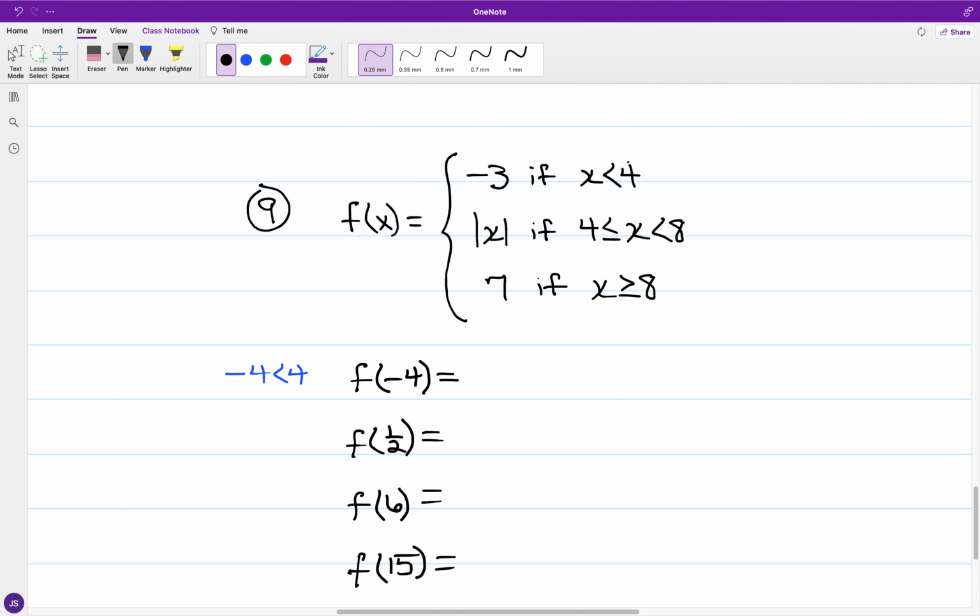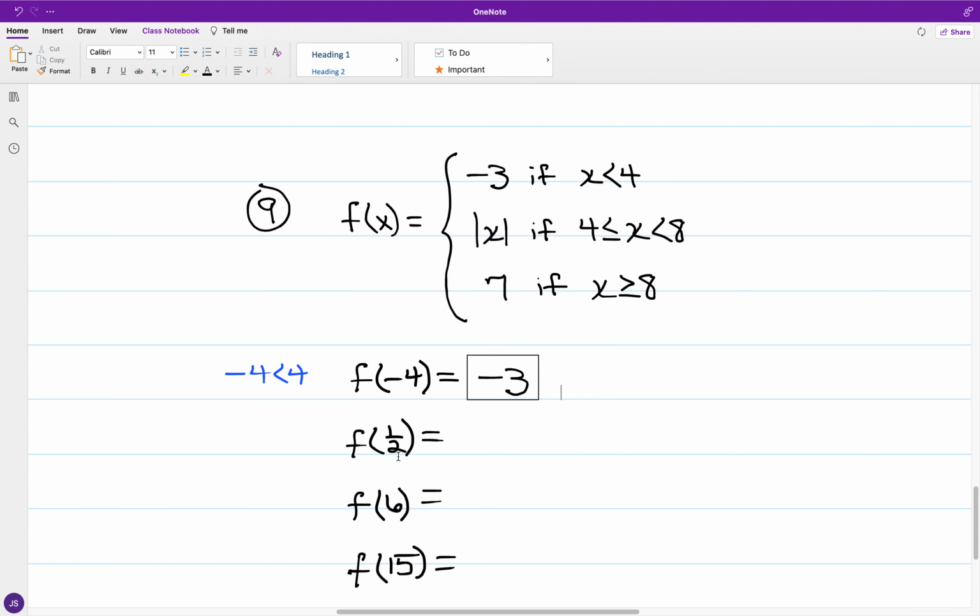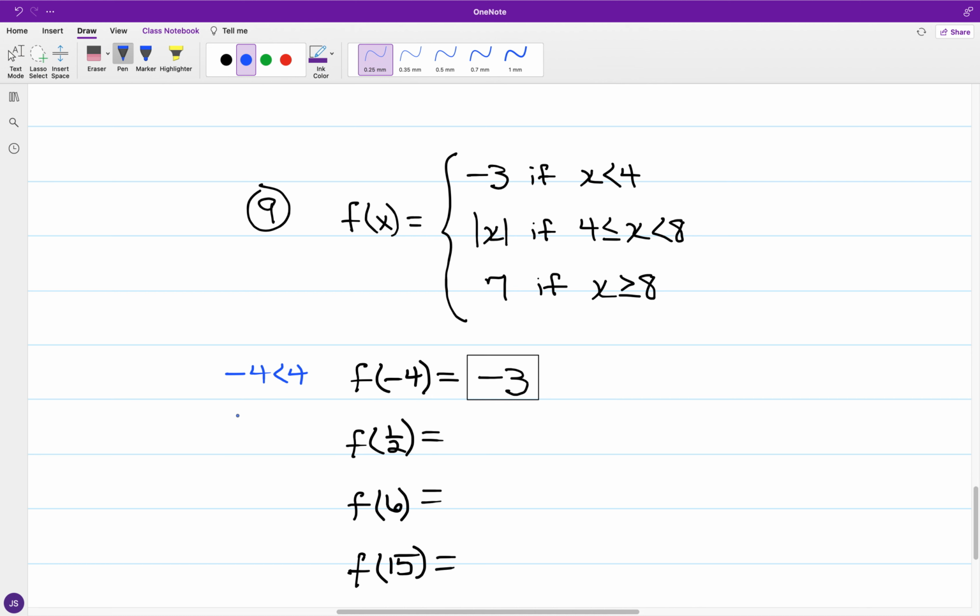So any input size that is less than 4, the output is just going to be negative 3. And this will be ditto for 1/2. 1/2 is also less than 4. So the output again is going to be negative 3.